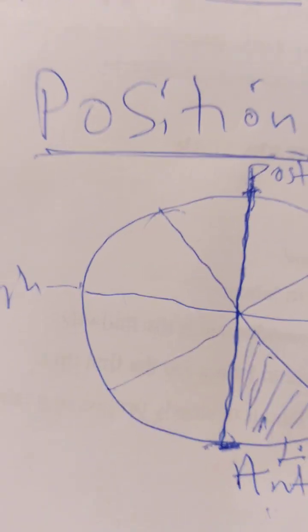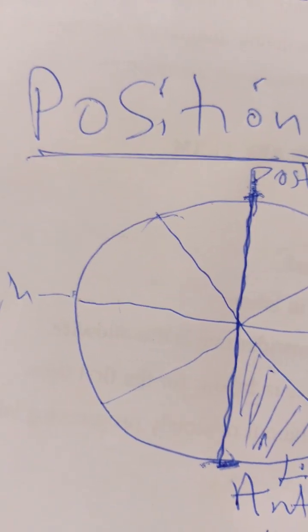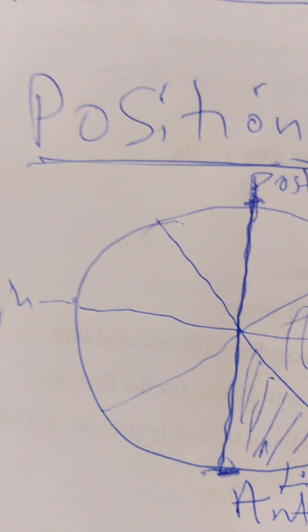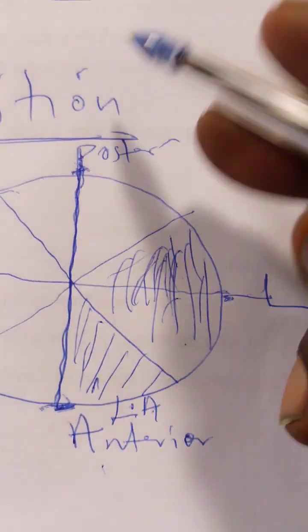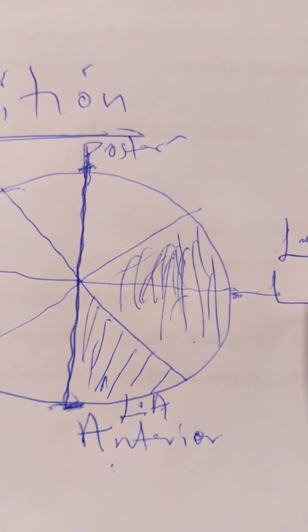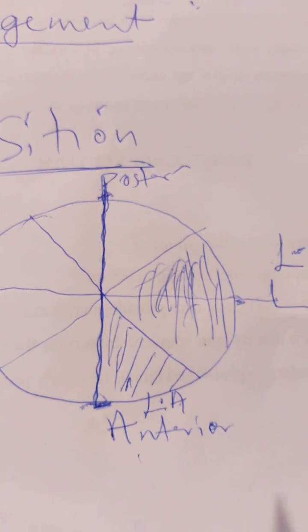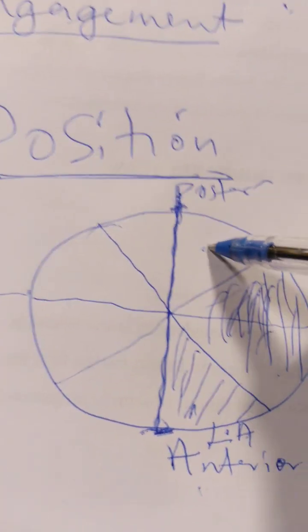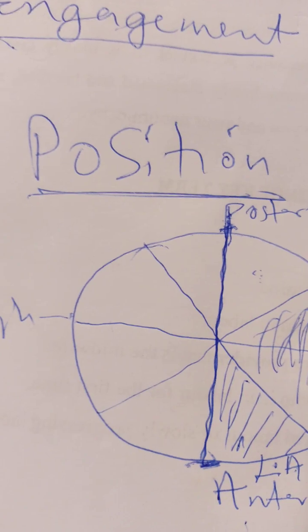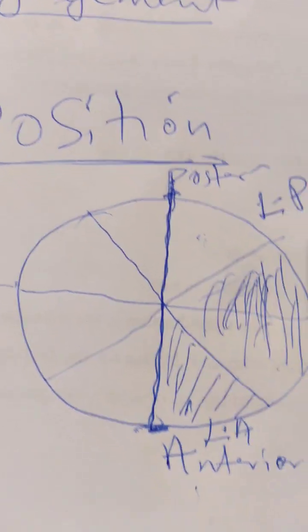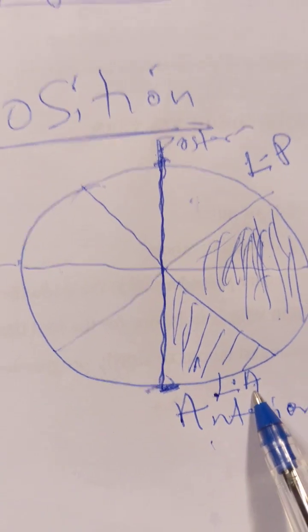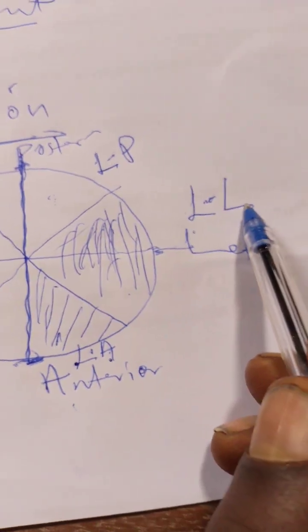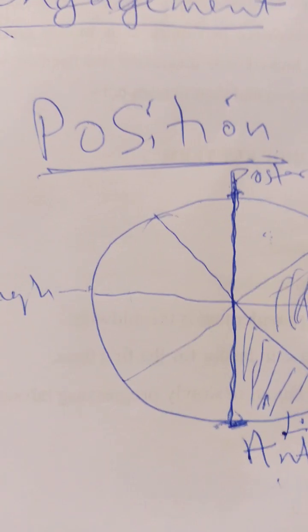So you see, this other area now, it is neither in front nor posterior. So we call this one left lateral, LL. And then that part behind there is still on the left, but it is left posterior, LP. So you can see only on the left side, you have left anterior, left lateral, and left posterior.